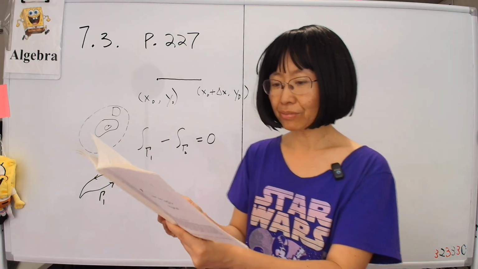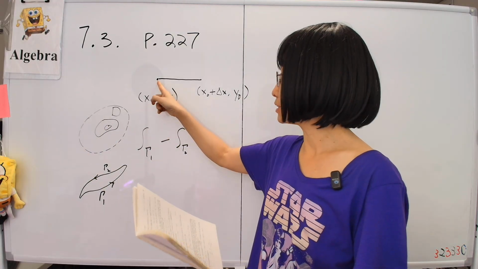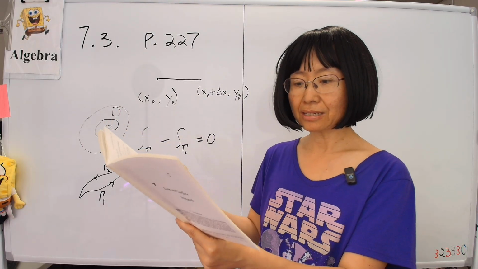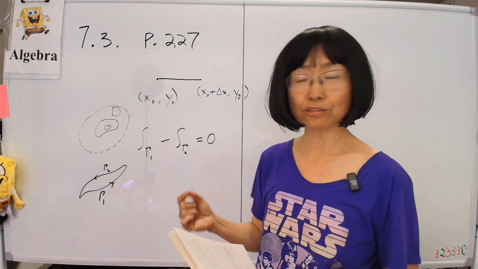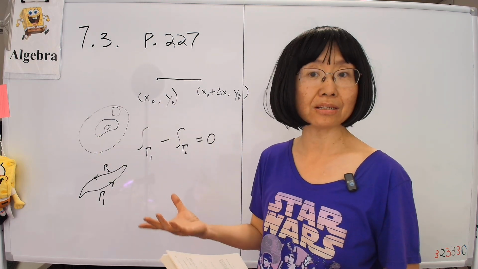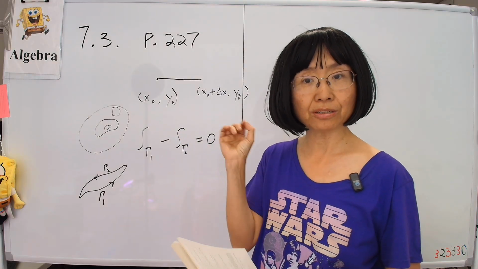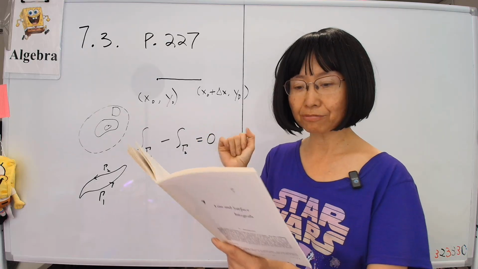Now, let's consider the point x0, y0, which I draw right here. This point is in the center of some small circle K, which lies entirely inside the domain D. That's because the domain D is open. If it's open, every point of the domain contains a small circle which is completely contained within the domain.